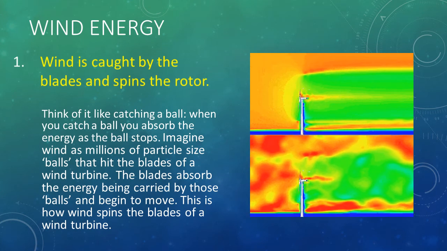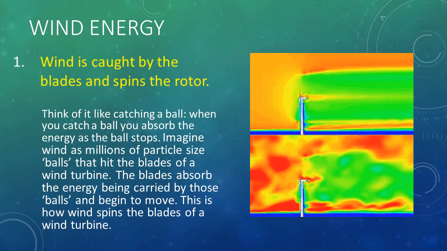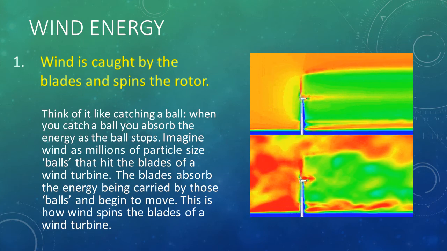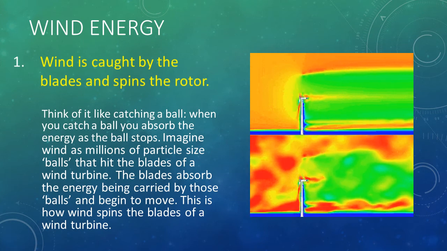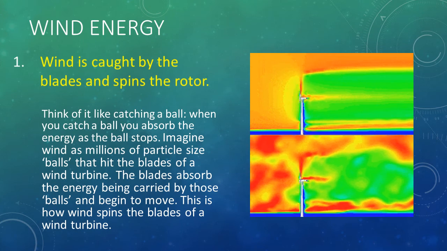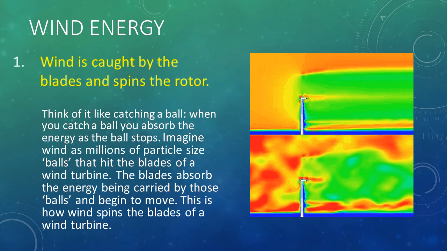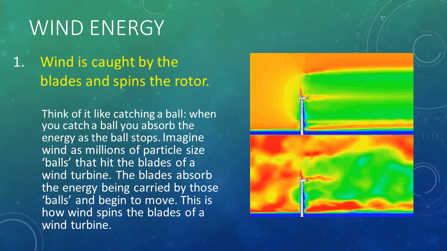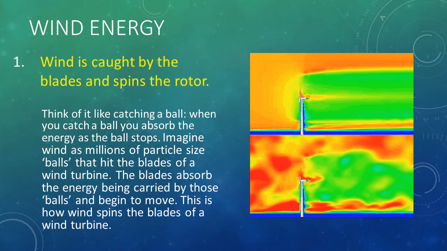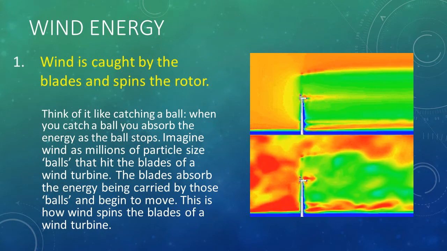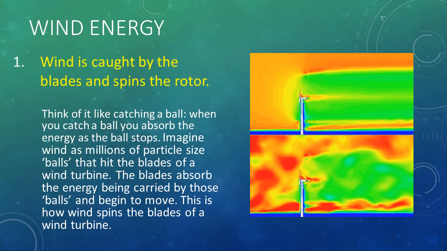And we see the slower wind behind the turbine in green. Okay? So, again, to reiterate, the kinetic energy of the wind is being absorbed by the blades of the wind turbine, making them move, and in the process, slowing down the wind.